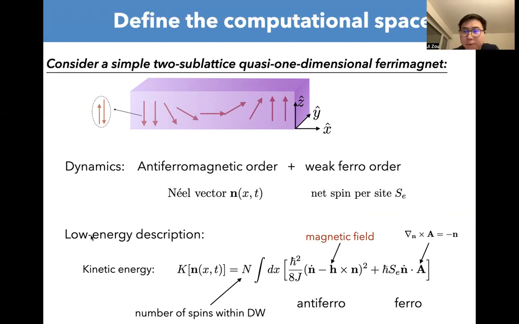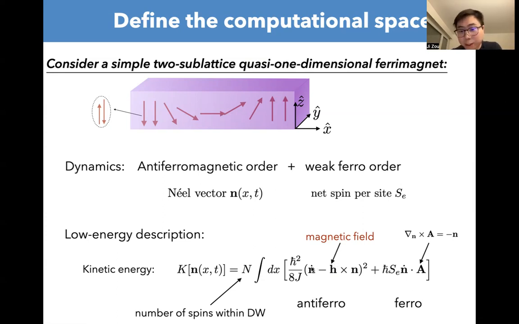And of course, we can write down the low energy description for this one-dimensional system. The kinetic energy is given by 2 terms. The first term is for the antiferromagnet, and the second term is for the ferromagnet. So the physical meaning of every term should be clear. By the way, this H is the applied magnetic field.